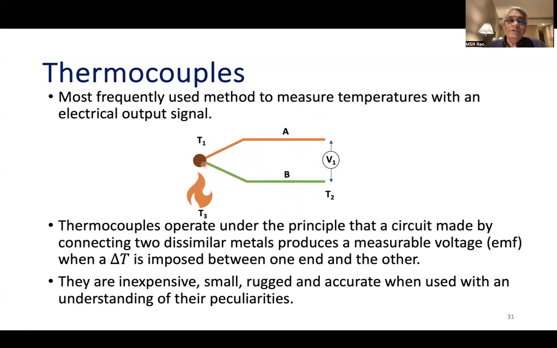So it operates in this fashion. You need two dissimilar metals, two metals that are not the same, and you form a junction like this. You braze them together. It's called brazing. And then when you heat this junction up, you start seeing a voltage generated. Because we are using two dissimilar metals, these two metals have two different work functions.